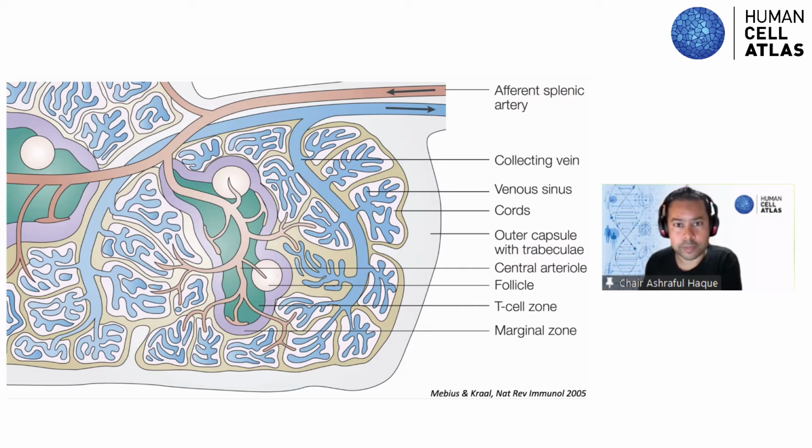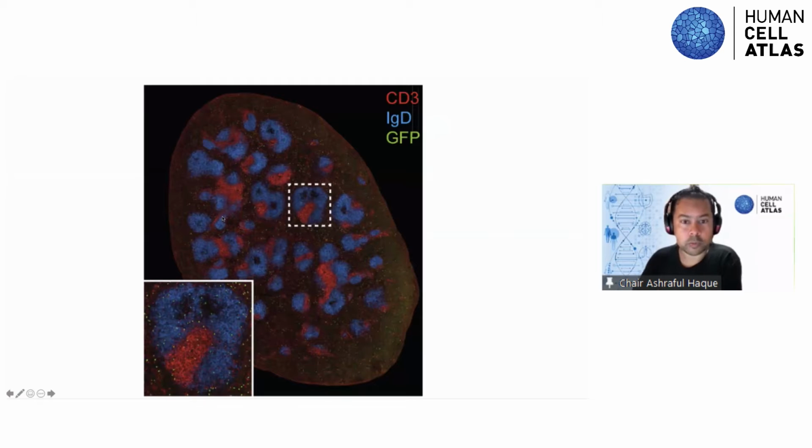These T cells and B cells must interact with each other, often to make antibodies that protect us against pathogens. This is what it looks like in a mouse spleen, and the T cells are in bright red and the B cells are in bright blue, and you can see that they're juxtaposed.